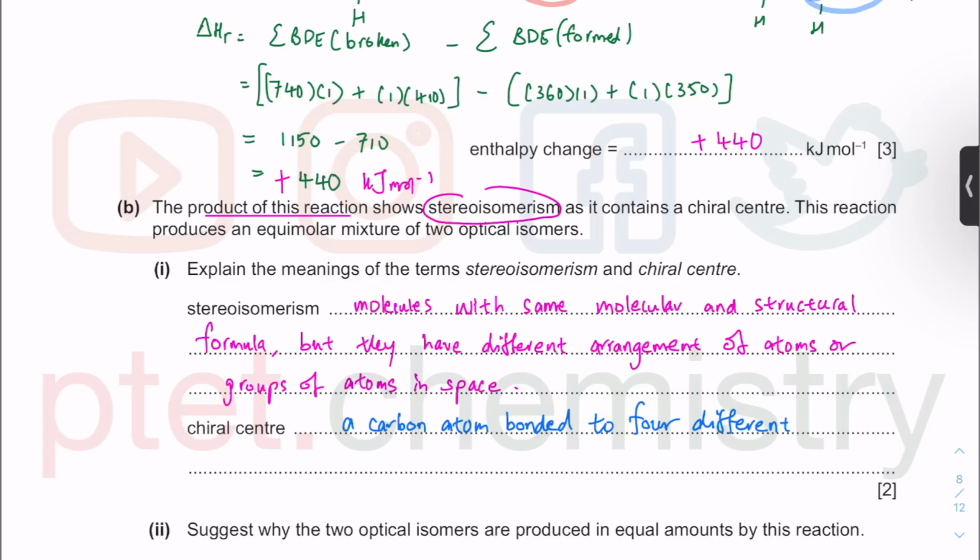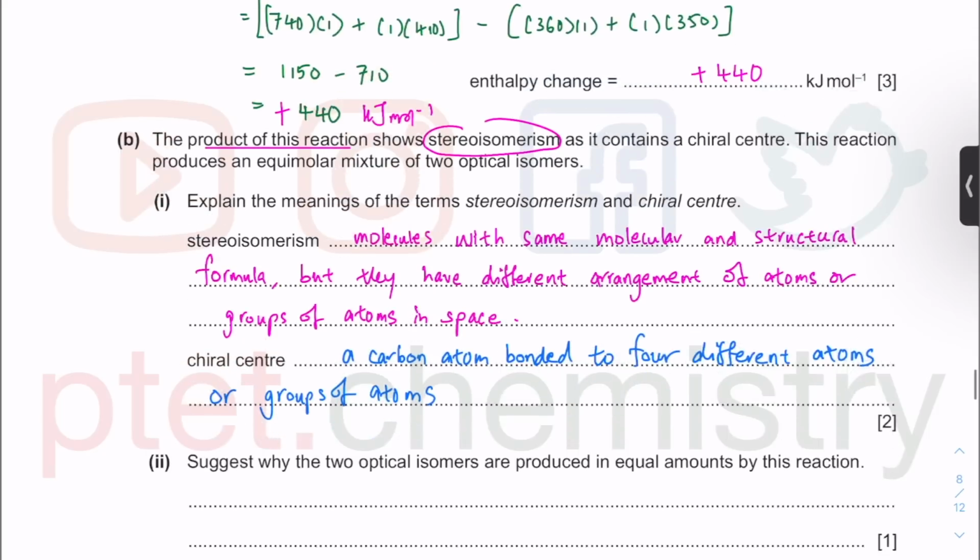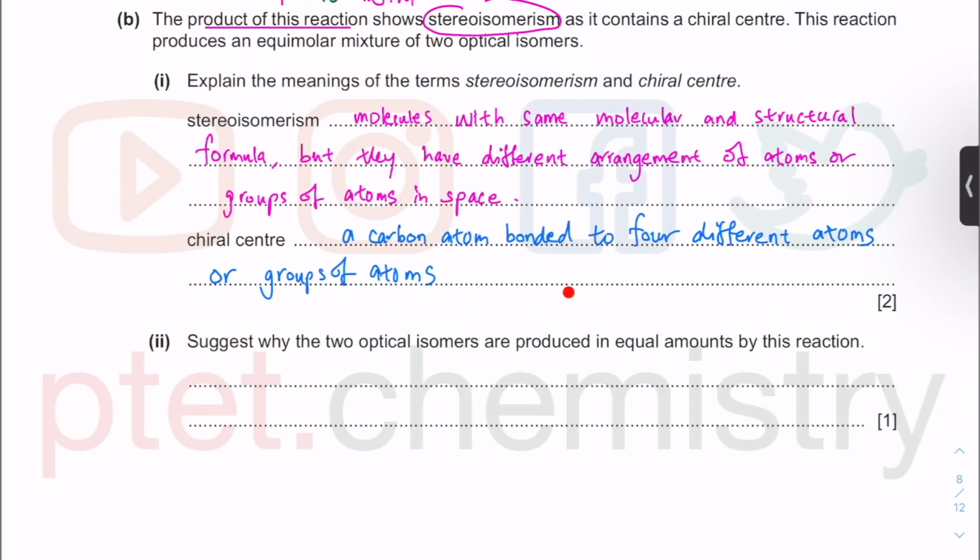So these chiral carbons are bonded to 4 different atoms or groups of atoms, and as a result you get enantiomers. Enantiomer is another word you need to know. Enantiomers are basically the pair of optical isomers that are mirror images of each other, non-superimposable.